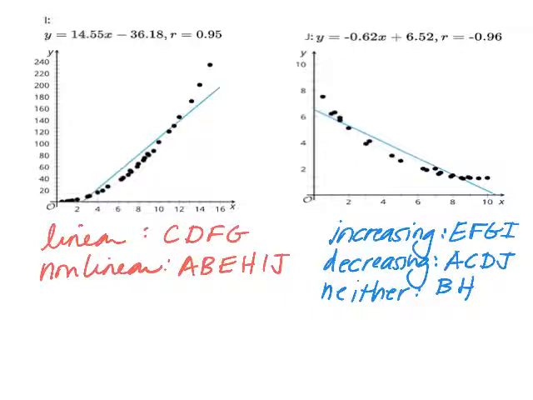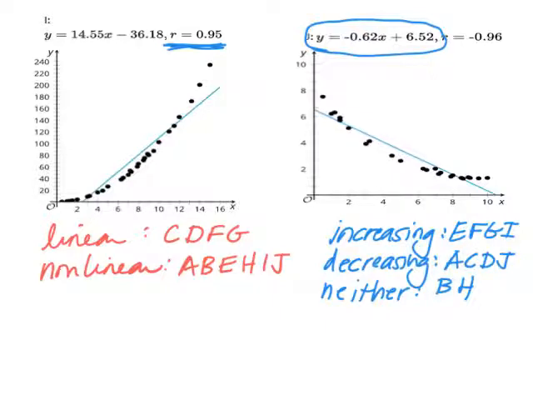Okay, once you've checked over your work, now I want you to go look at them again. Notice for each scatter plot, you have a linear model listed in y equals mx plus b form, as well as something called an R value. The R value is the correlation coefficient, which we're specifically going to talk about now.